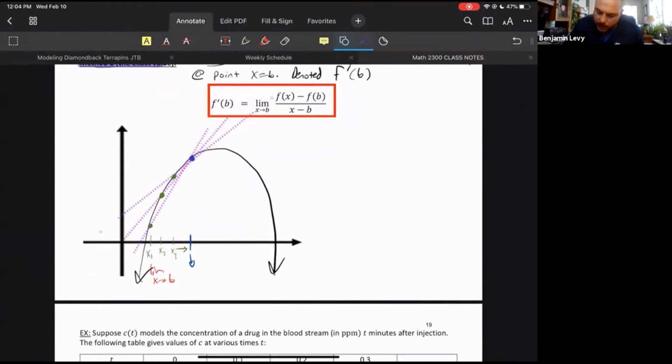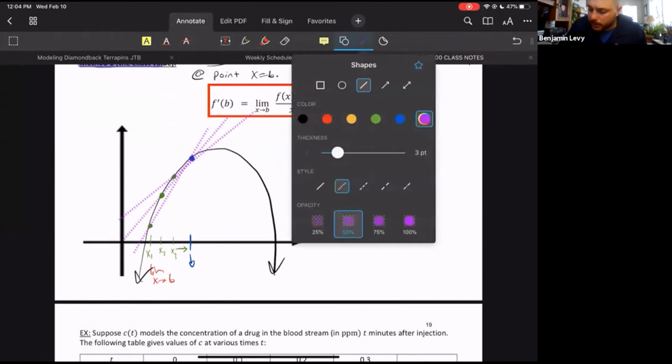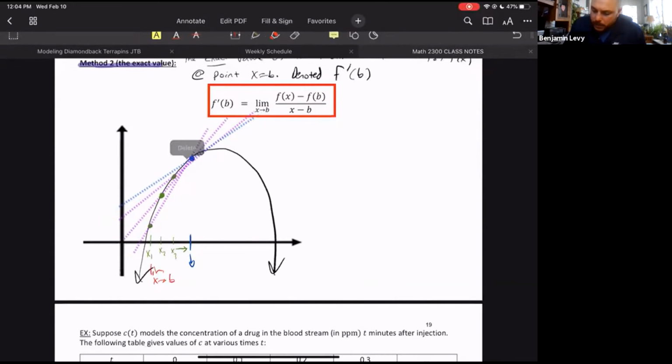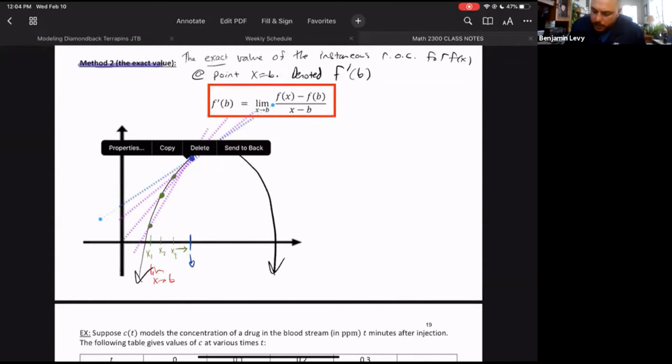And ultimately, as x actually reaches B, we end up with that tangent line. So I'm doing that one in blue here. I make that one 100%. That's the one we really care about. We want the slope of the blue line.